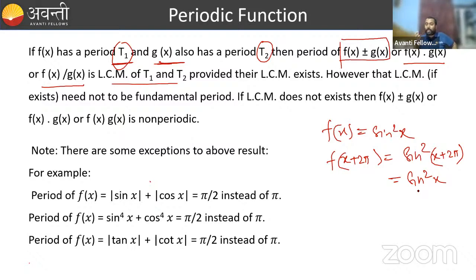Is there any smallest positive real number which will be added with x, and sine square of x plus that number will give you sine square x? Is there any smallest positive number which will be lesser than 2 pi?